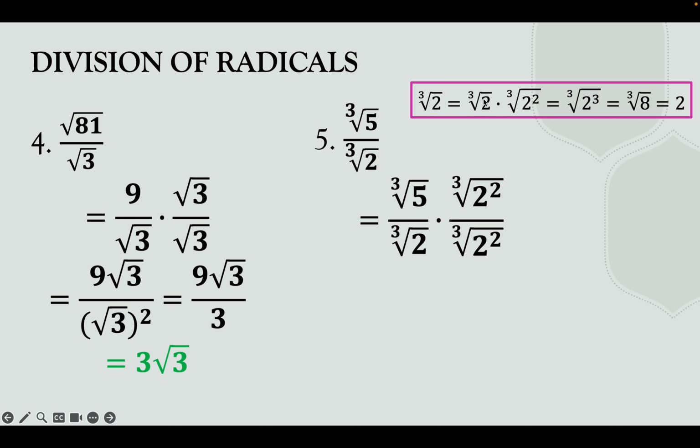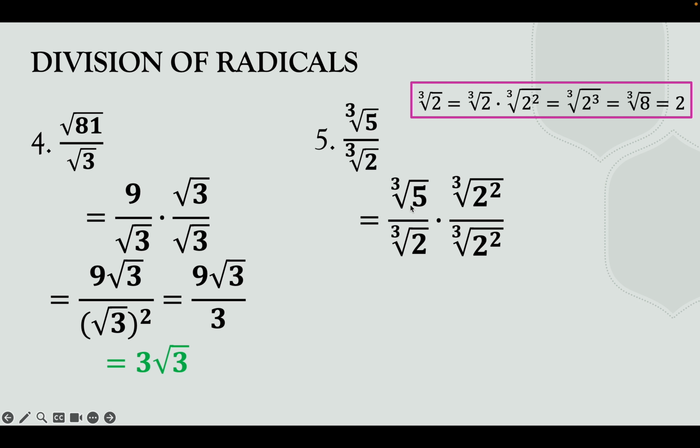So we need to multiply cube root of 2 by cube root of 2 raised to 2, so that we can have cube root of 2 raised to 3. And then we can simplify 2 raised to 3, we have cube root of 8, we have 2. Or we can simply eliminate the cube root and the exponent 3 so that we can have 2.